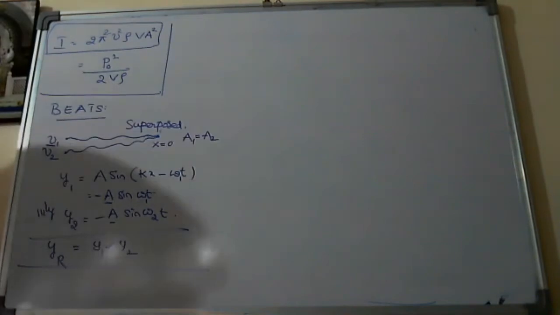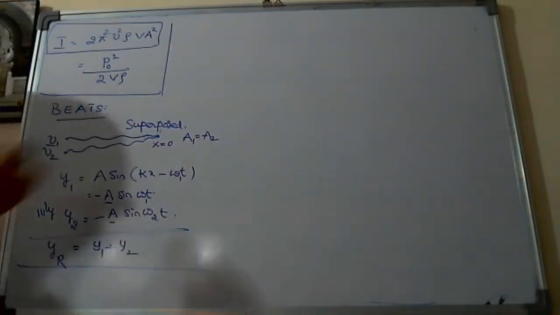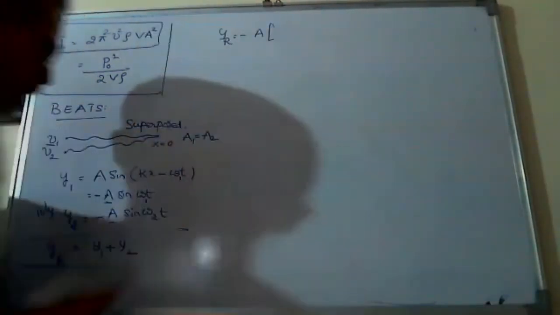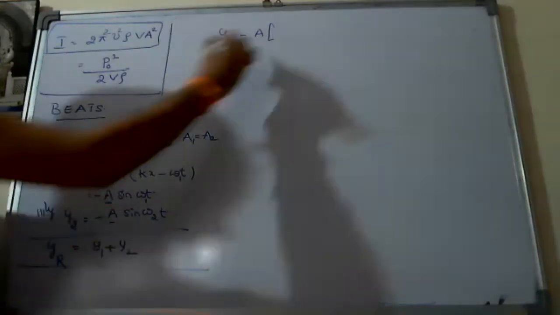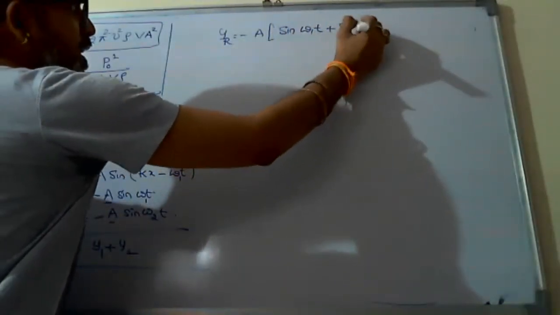Taking minus A common, the resultant wave is equal to minus A into (sine omega 1 t plus sine omega 2 t).